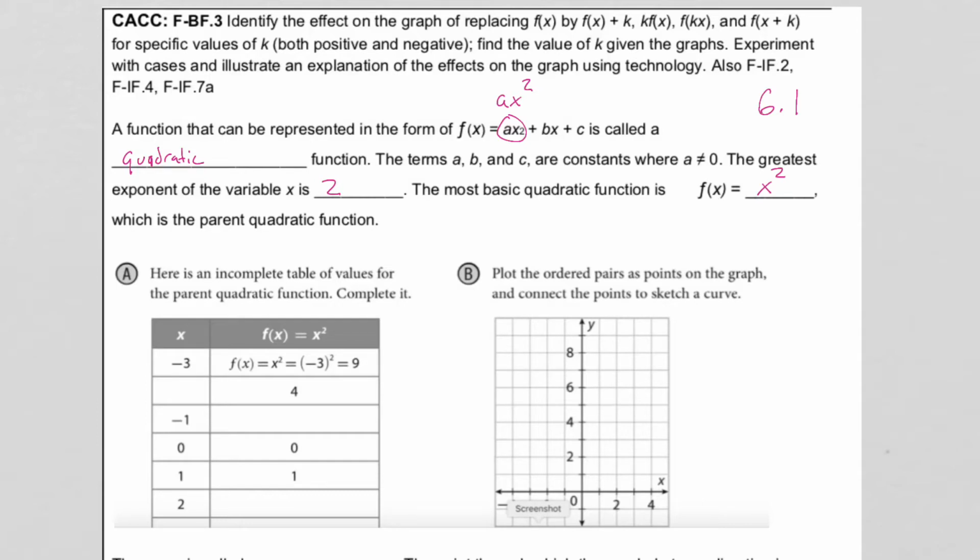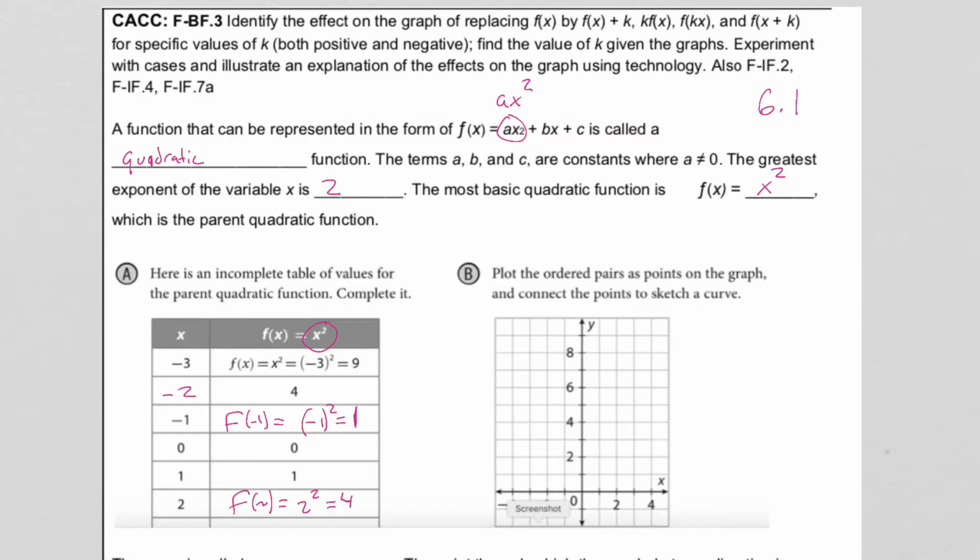If we select a few values, this is f(-1). If the function is x², it's basically (-1)², so that's going to equal 1. 0 squared is 0. 1 squared is 1. And f(2) is equal to 2 squared, which is 4.